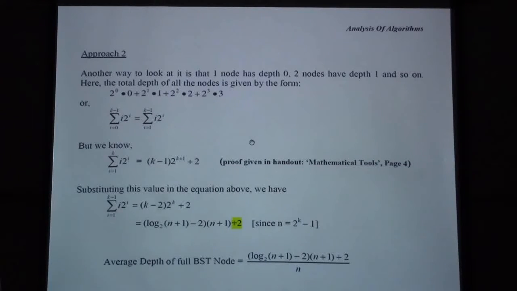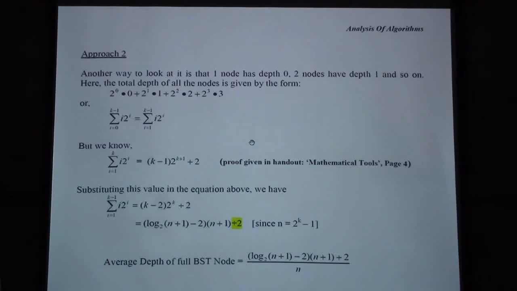Now, why would the average depth of a node even be interesting to anybody, especially bright guys like you? Who cares? What kind of silly class is this, average depth of a node? Trees aren't even real. When would that ever be an interesting question? To search.